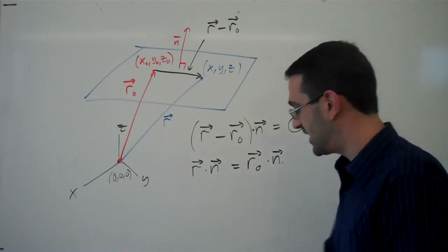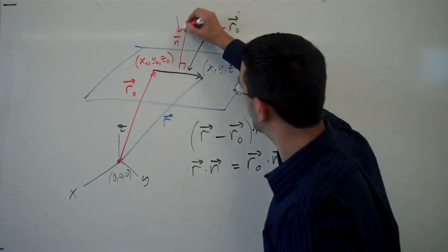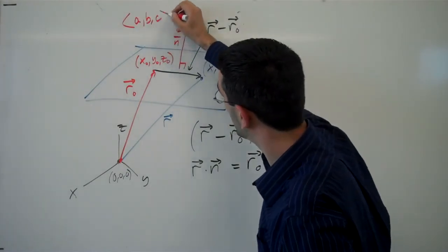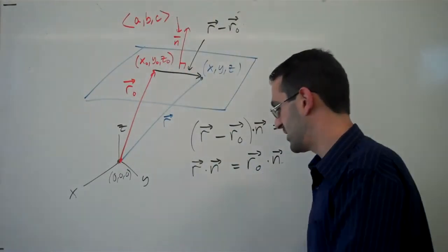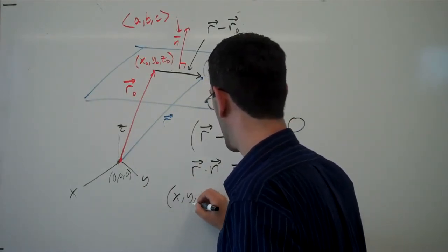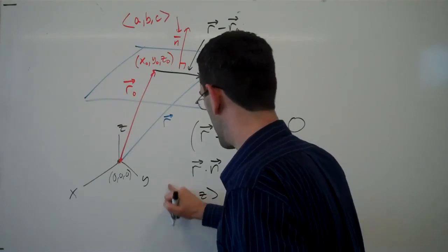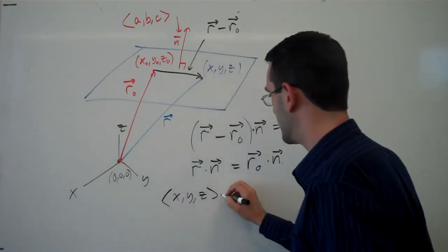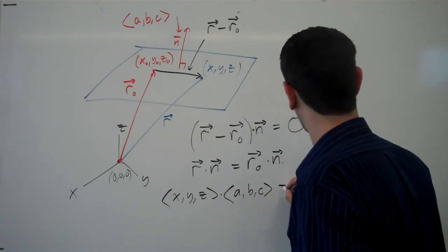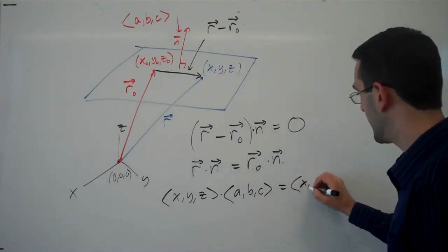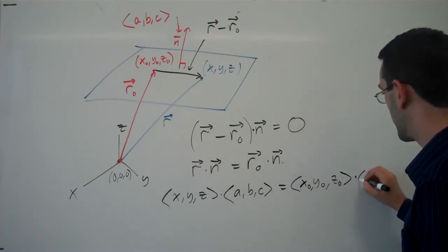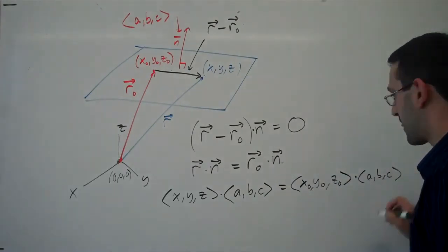Now, if we notate our vector n here with components, let's say a, b, c, then this would be the vector x, y, z, dotted with the vector a, b, c, equaling x naught, y naught, z naught, dotting with a, b, c.